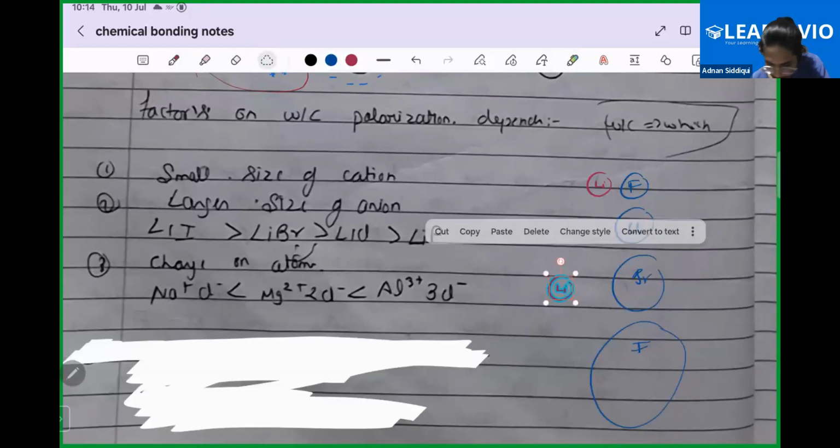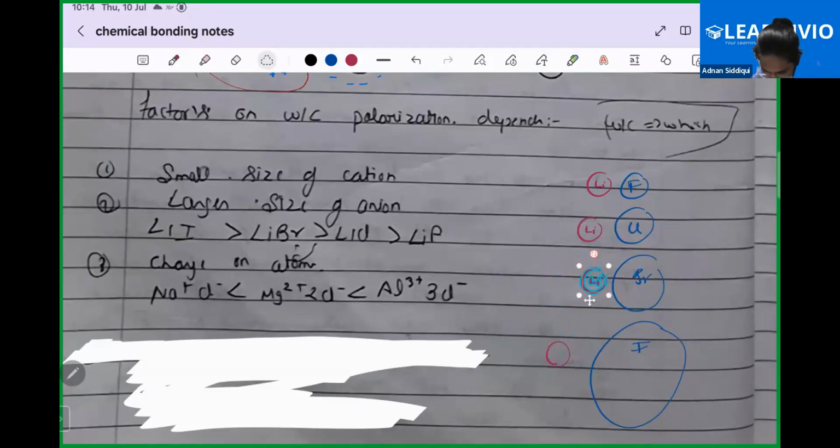So now what I've learned is that the larger the anion or orbit of an atom, the less the tendency will be to gain the electron. Like fluorine is the most electronegative, right?